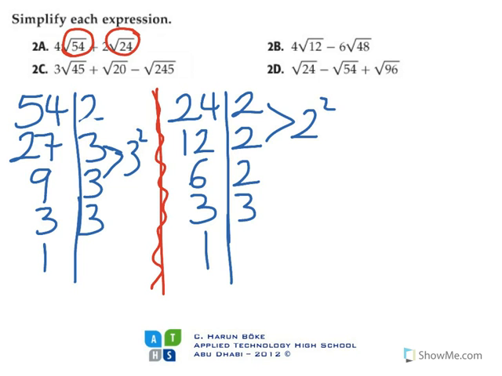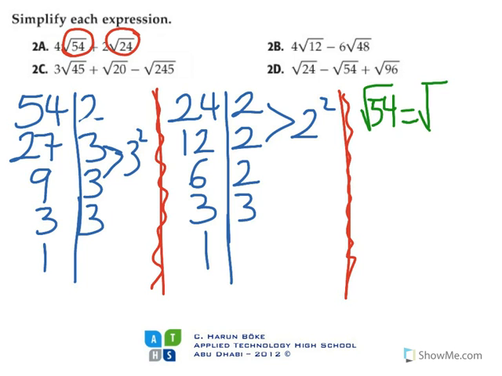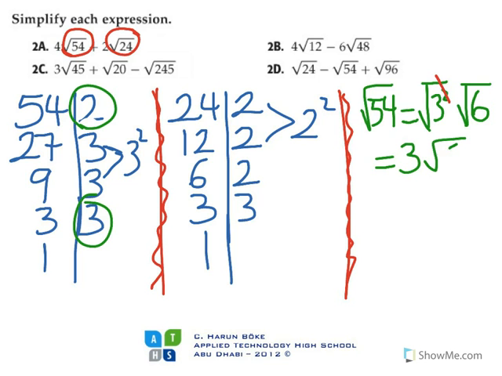So we are going to write the expression as follows. Root 54 will be equal to square root of 3 squared times square root of, now we have 2 and 3 as single, so 2 times 3 is 6. When we cancel the square and square root, we have 3 square root of 6.